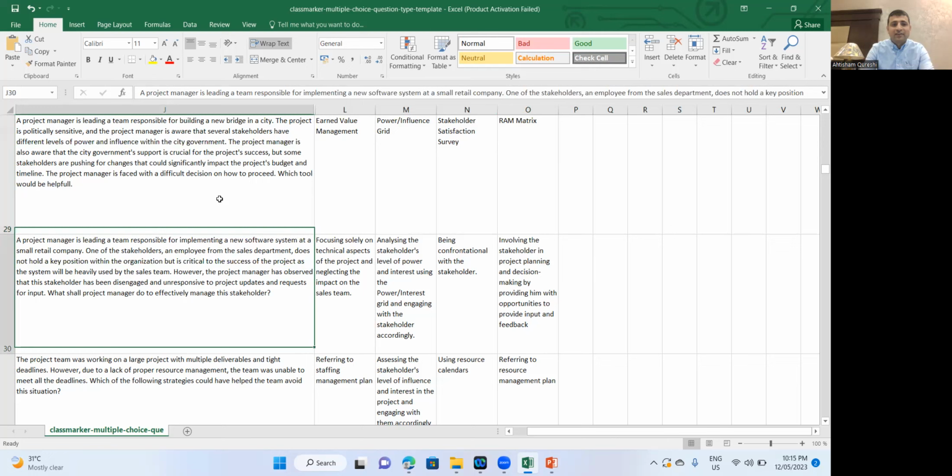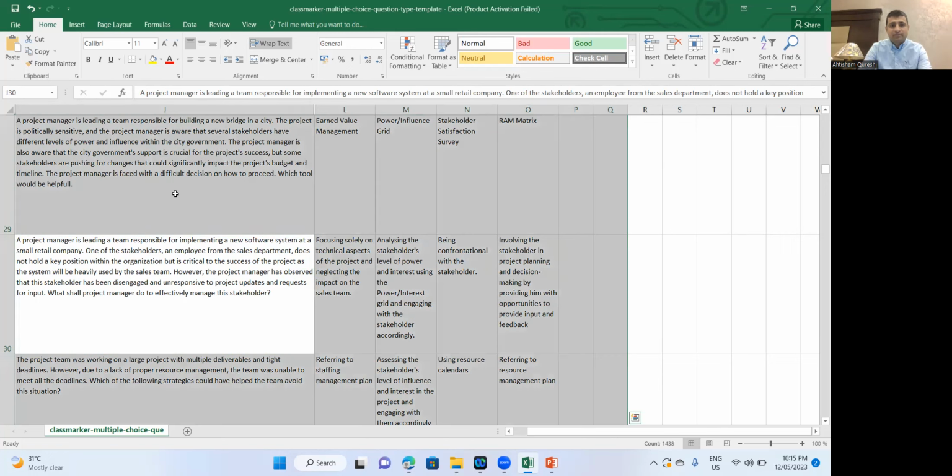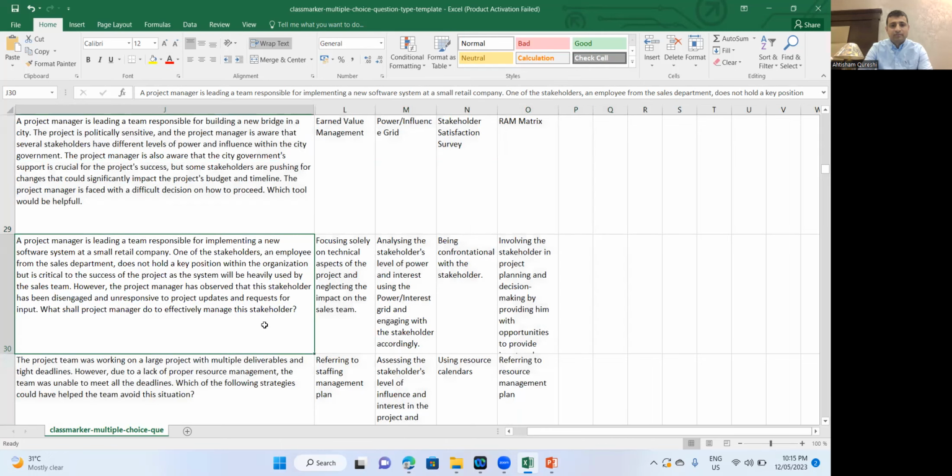Our project manager is leading a team responsible for implementing a new software system at a small retail company. One of the stakeholders, an employee from the sales department, does not hold a key position within the organization, but is critical to success of the project, as the system will be heavily used by the sales team.